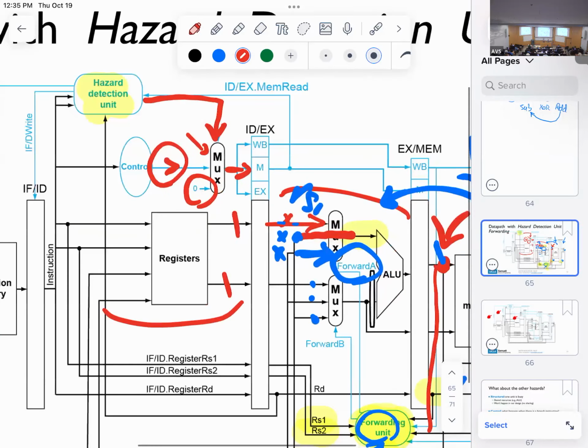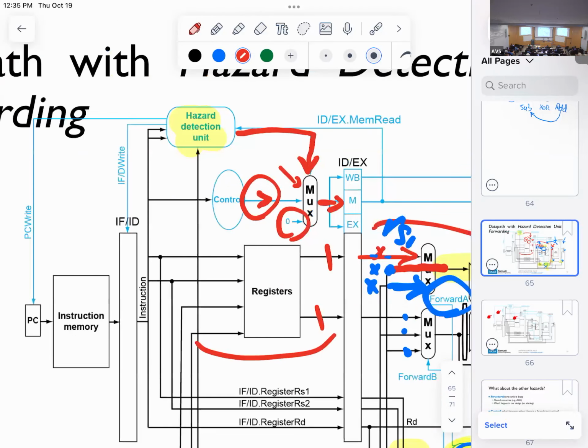And another thing that you will see is that we also need to stop the sub instruction from moving forward. So we need to literally stall the processor. So what it does is add these 2 additional signals, this one and this one. And these are telling these 2 registers, the PC register and the IFID register, not to move forward.